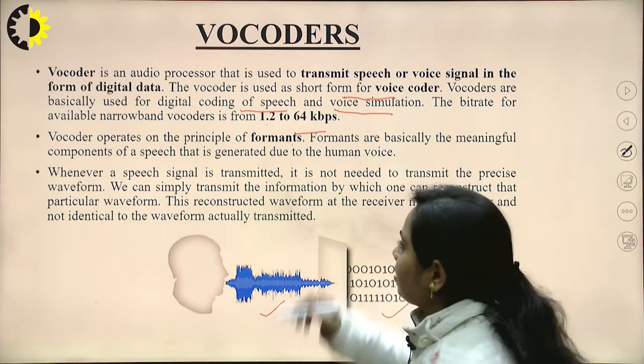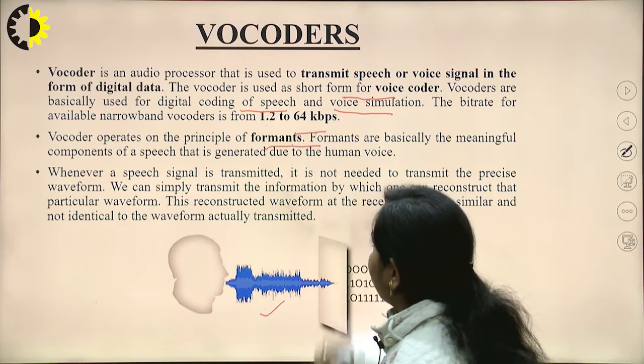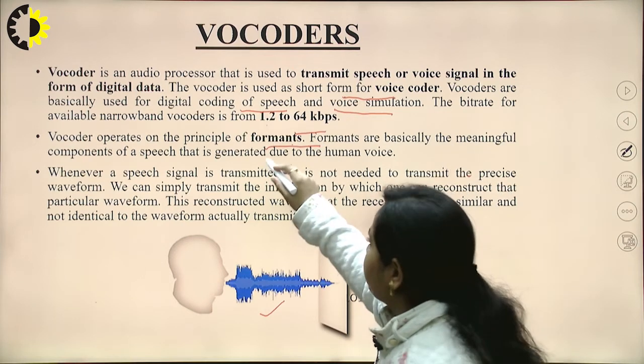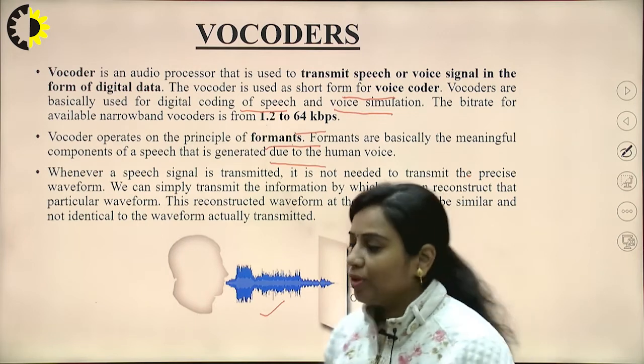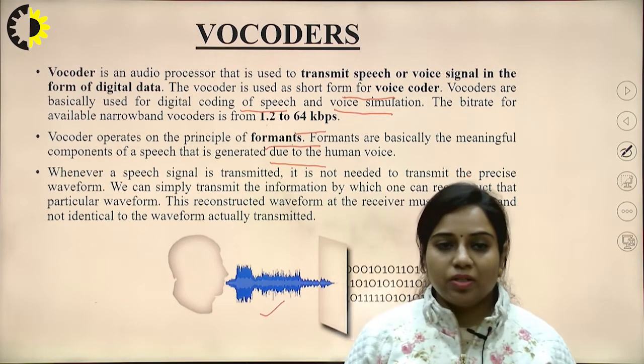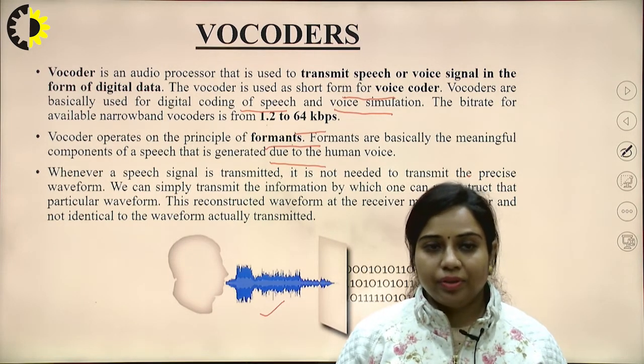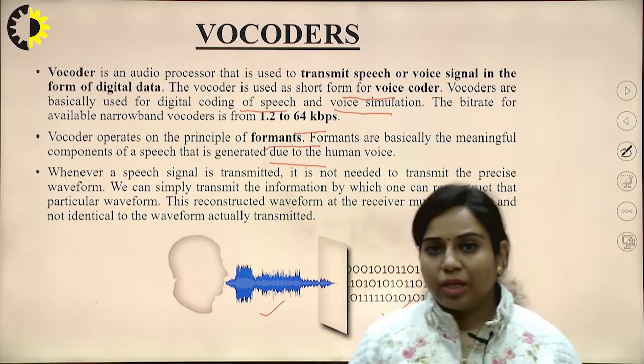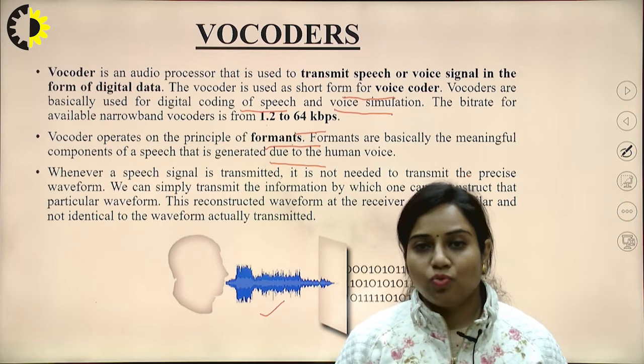Vocoders operate on the principle of formants. Formants are the meaningful components of speech that are generated by the human voice. A speech signal consists of two types of sound signals, voiced and unvoiced.